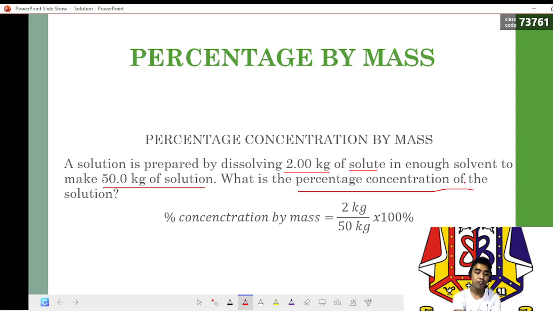So 2 divided by 50 multiplied by 100. Remember the percent or the mass ratio. So 2 divided by 50 is equal to 0.04 times 100. You will get 4%. Okay? So yan po ang ating process on how to solve the percentage by mass.